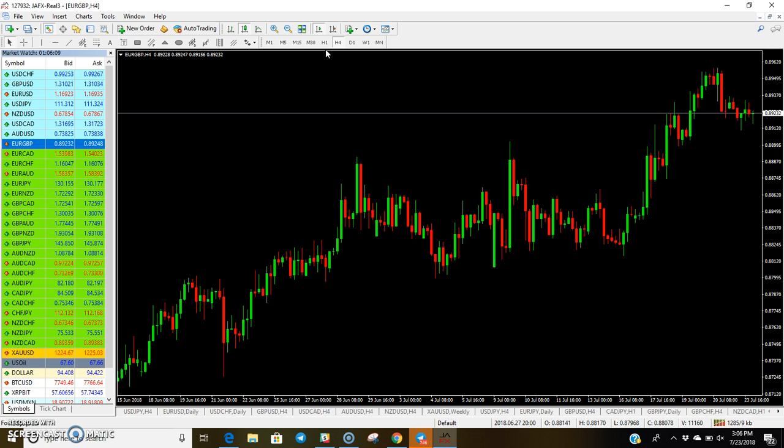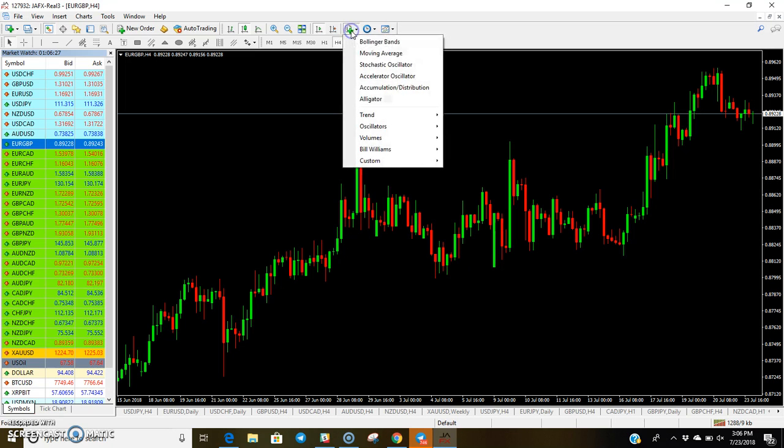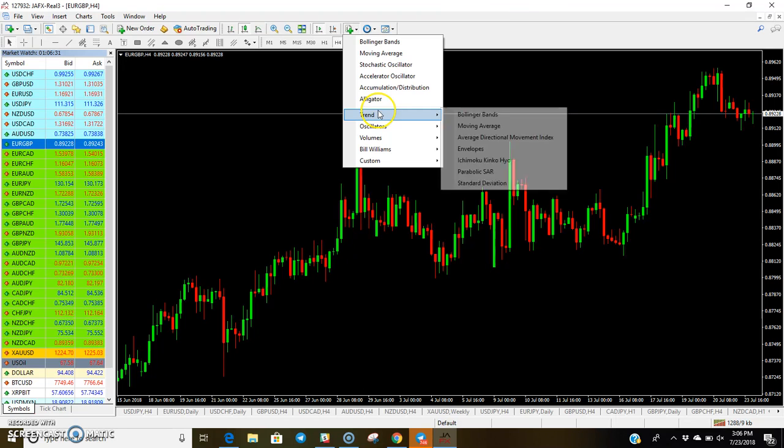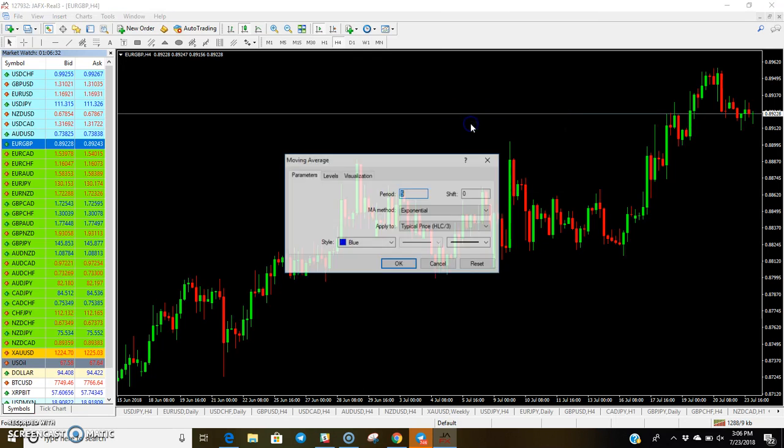Okay, so 2 moving averages that I recommend that you set your chart on is going to be the 21 simple moving average. The only thing that you have to do is come up here, your indicator list, click it. If it's not in there, go to trend, select moving average, and then you can go ahead and put the information.